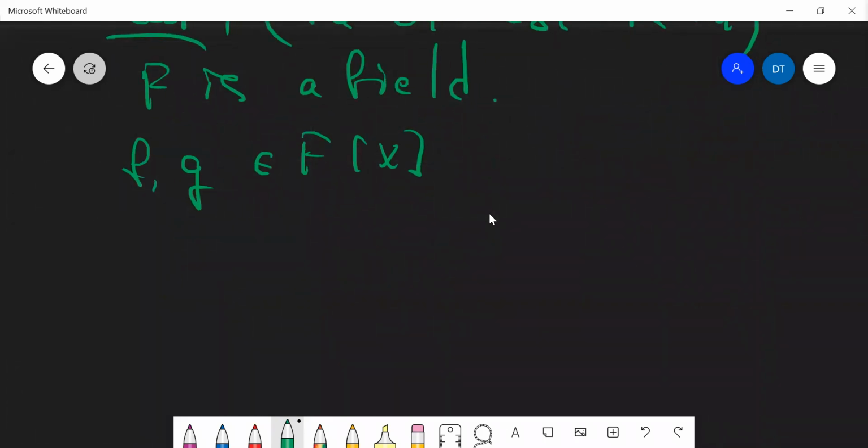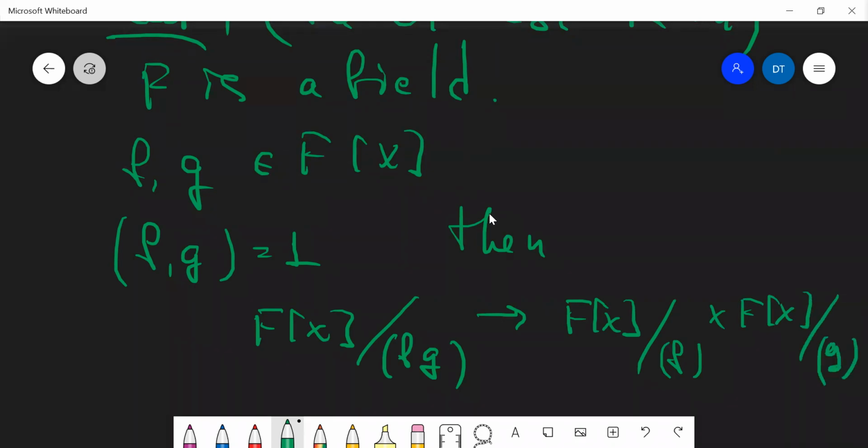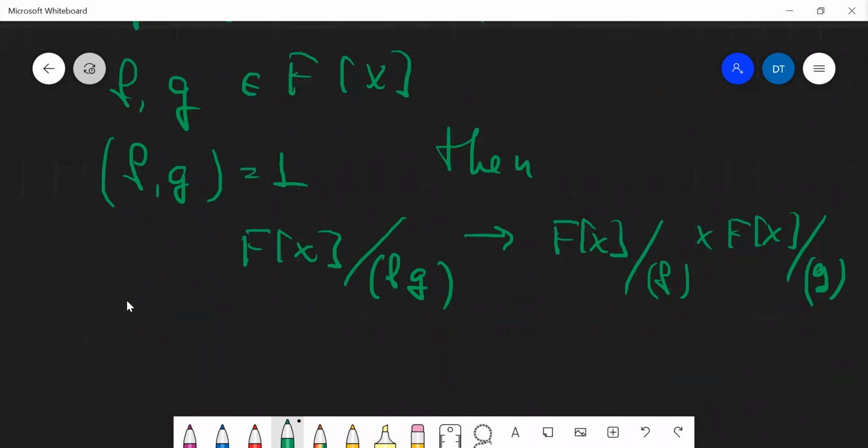Suppose that these two polynomials are co-prime, so their GCD is 1. Then we have a map. Let me write this down like this. I want to write this down, and then I will clarify all the details here.